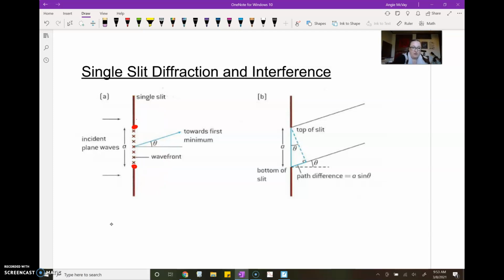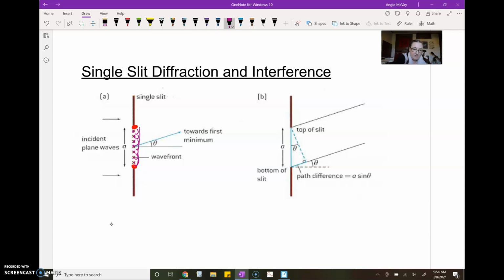We also talked about Huygens' principle, saying that when you've got a wave front, those wave fronts are created by individual wavelets. There are an infinite number of little wavelets, and each of those little wavelets creates a disturbance in the medium, and they all overlap to create a wave front.